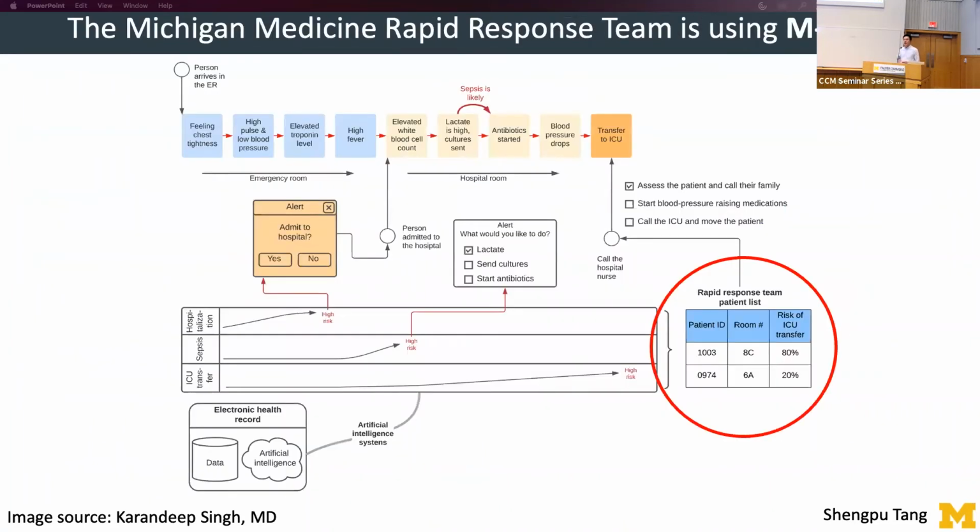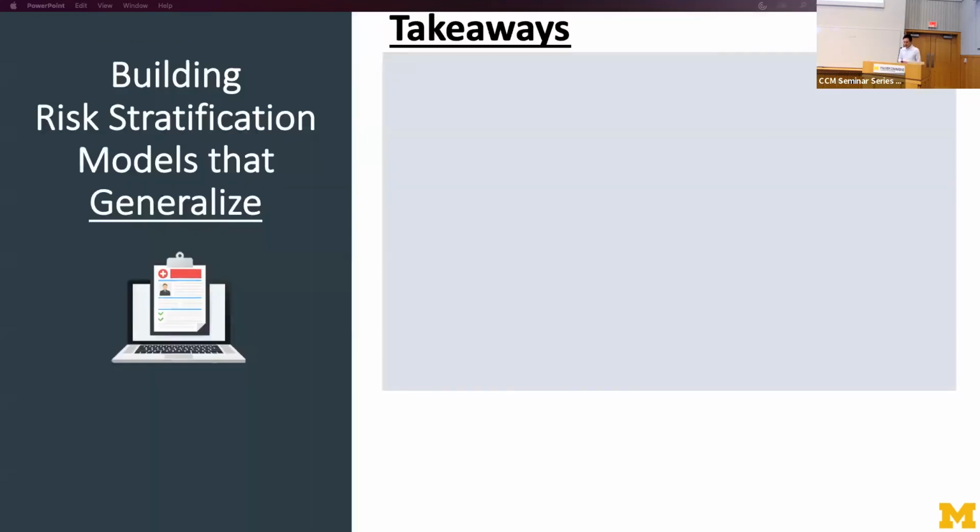And starting from January this year, the MCURES scores have been used by the rapid response team to drive some of their workflows. Specifically, every morning they will print out a list of the highest risk patients, and the rapid response team will proactively attend to these patients throughout the course of the day when they have some downtime.